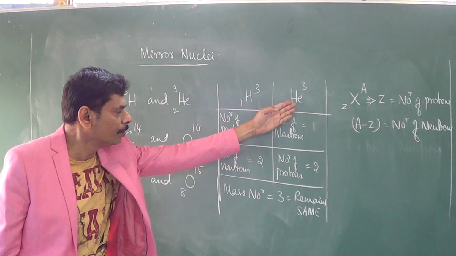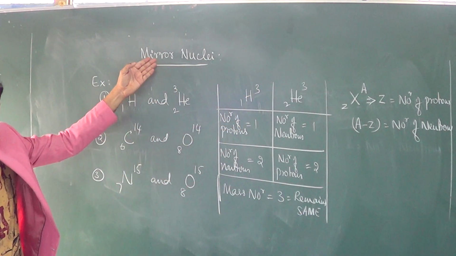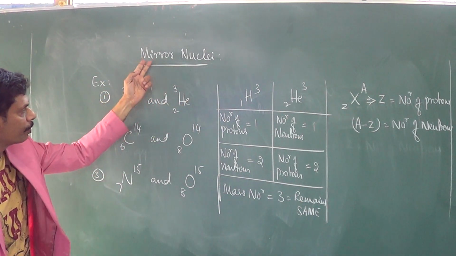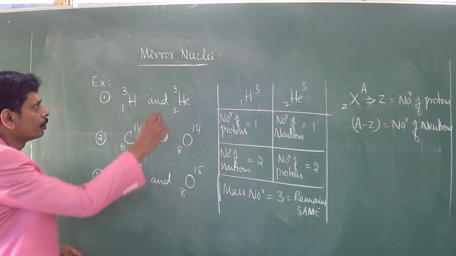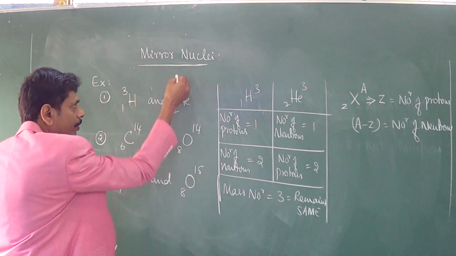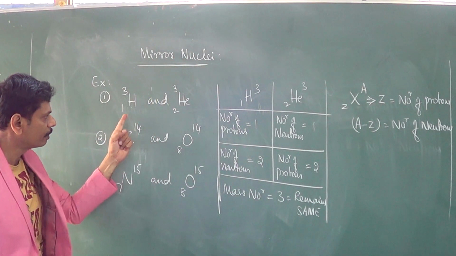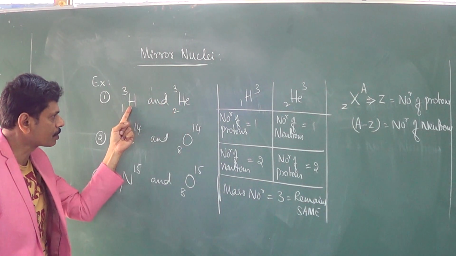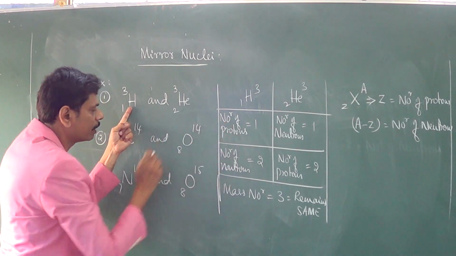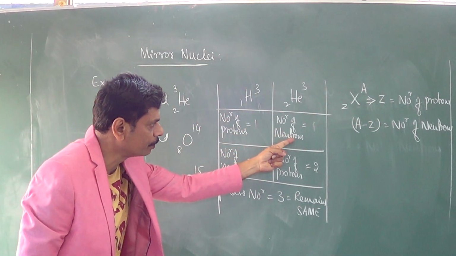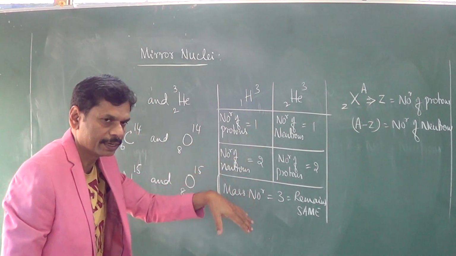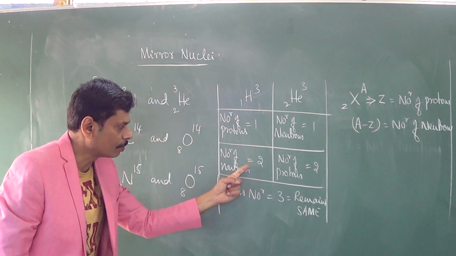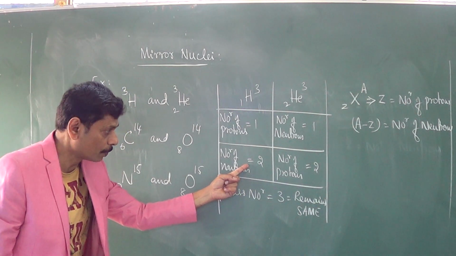Then such two nuclei are called mirror nuclei. When do you say mirror nuclei? The two nuclei are said to be mirror nuclei if the first nucleus proton number is equal to the second nucleus neutron number, and the second nucleus proton number is equal to the first nucleus neutron number.